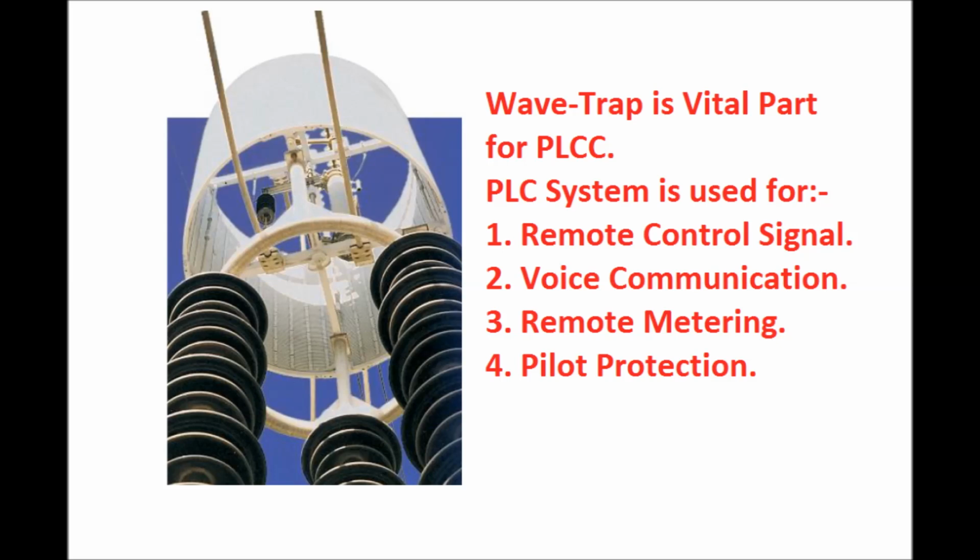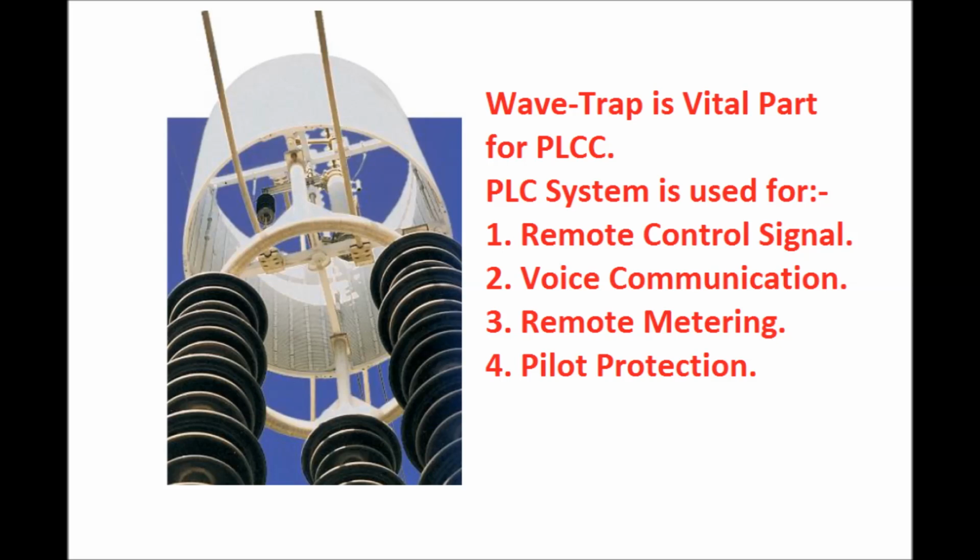That is, from the remote end we can control the operation of the circuit breaker and the isolator. Number two is voice communications. Voice communication between two substations can be established via power line carrier communications. Number three is remote metering. Metering of a substation can be fetched via this power line carrier communication to the remote end substation or any other end.